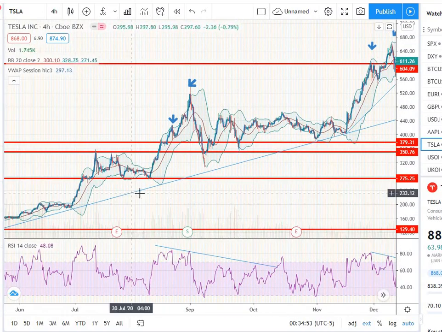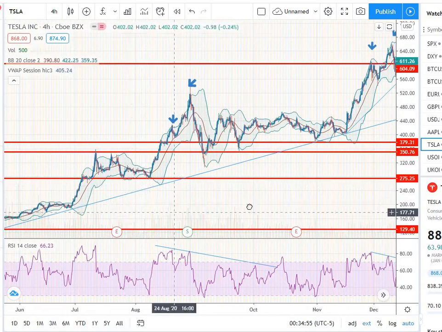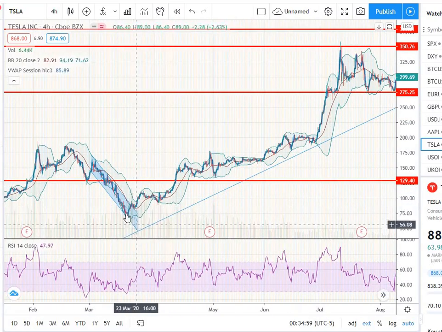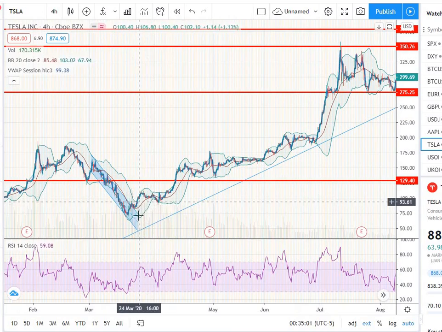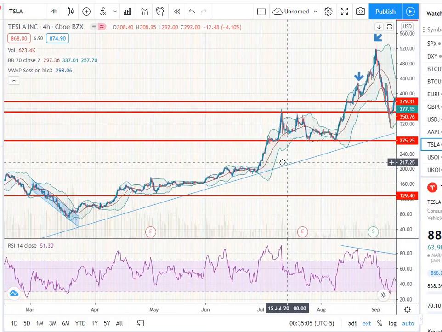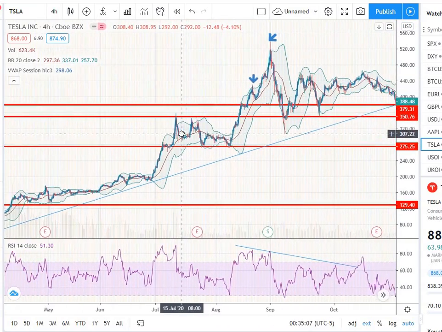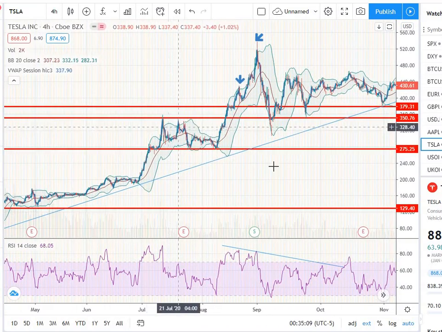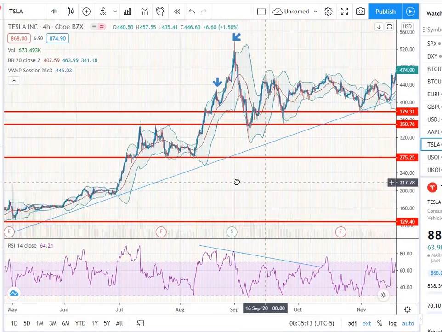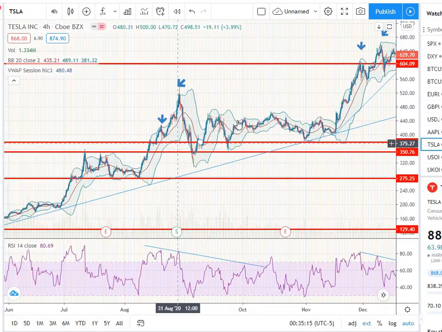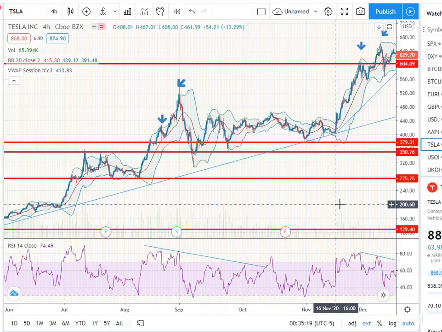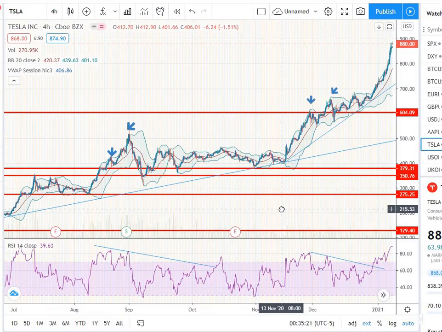Now I'll tell you, some people actually got in at Tesla around the $70-$80 mark, and they're milking it. They're sitting on it. There was a reverse split of the stock that happened, and people made a lot of money from this. Unfortunately, I did not get into Tesla, but I was making money on other stocks. There are multiple opportunities.